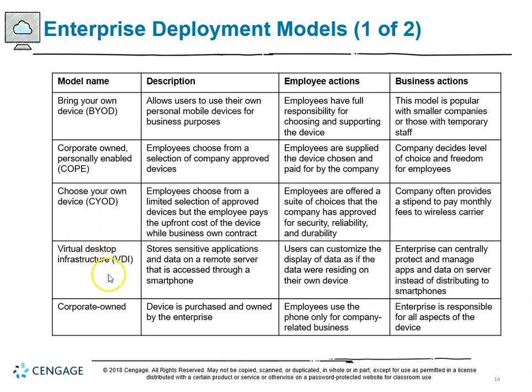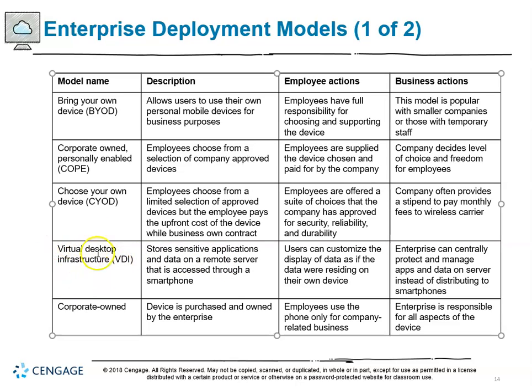And then the other one listed here, the VDI, this is a virtual desktop infrastructure. In the description you can see what's happening is we're storing sensitive applications and data on a remote server that is accessed through the smartphone. So that way we could have better control of the proprietary data that the company might own.